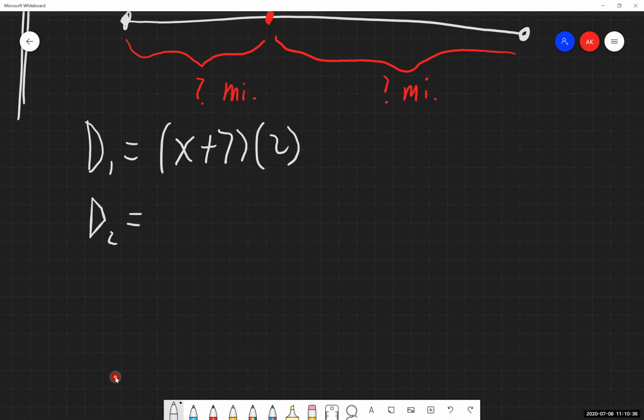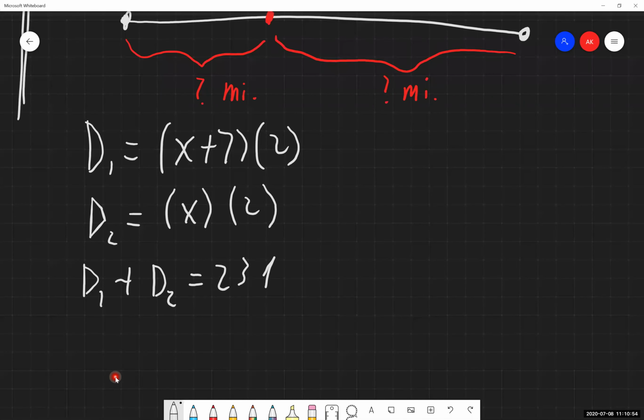So we've got this written in here for ourselves. We have the distance that Dwight traveled, we have the distance that Mose traveled, and then we have what theoretically the combined total of those distances is going to be, at 234.